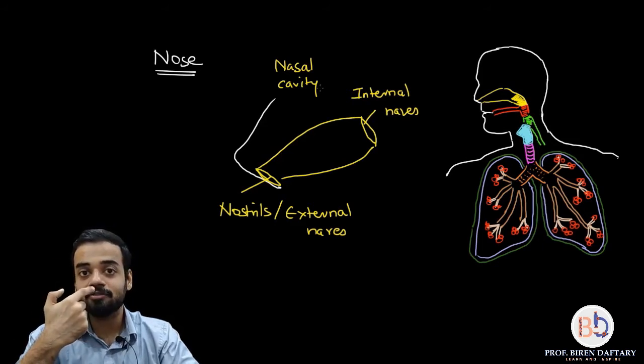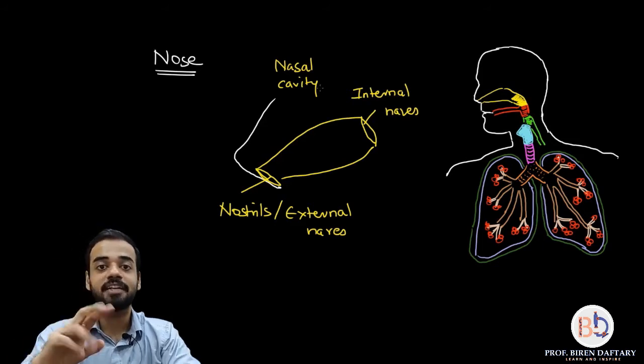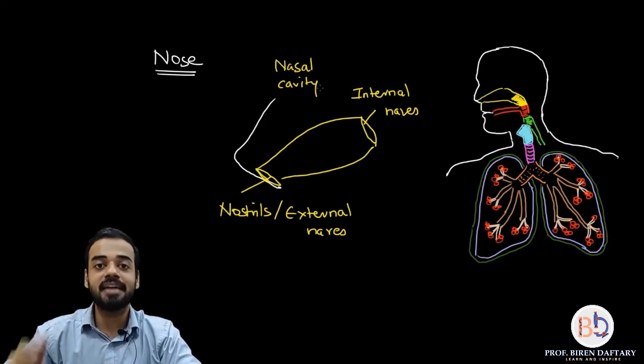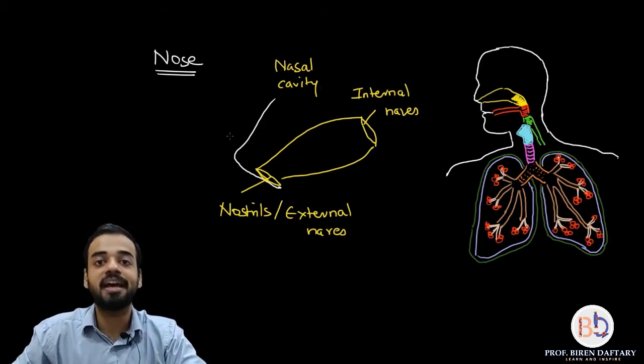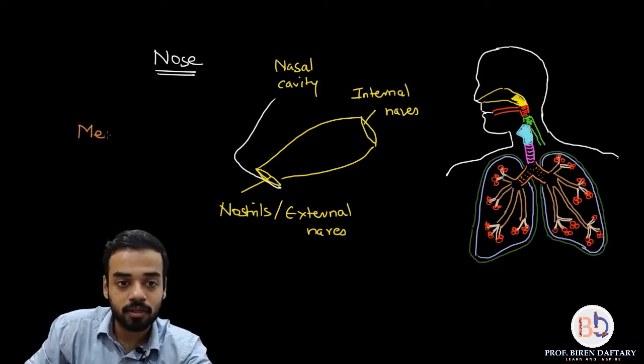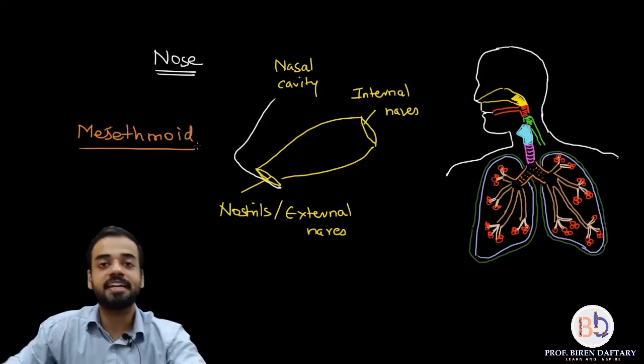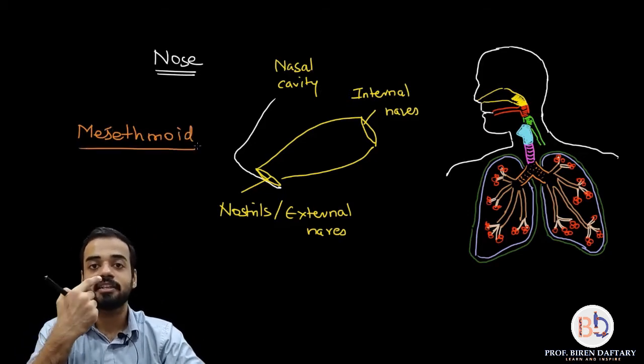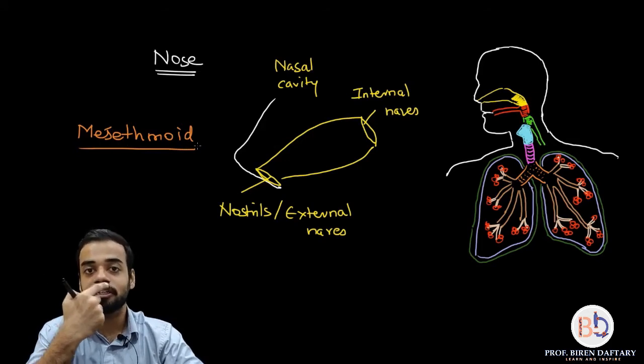This cartilage, which divides the cavity into two chambers, is called mesethmoid. So I am going to write it down over here. Mesethmoid is the cartilage which is responsible for the division of the nostrils.